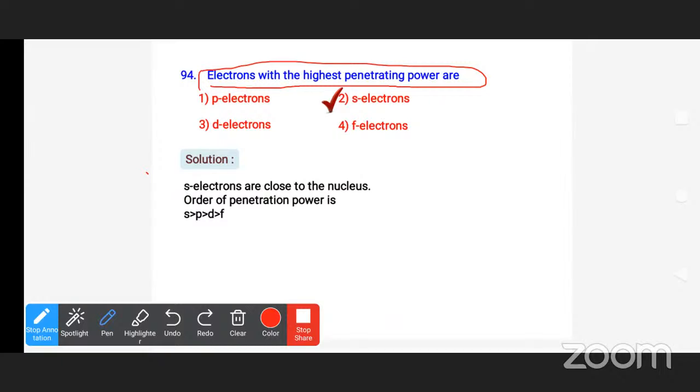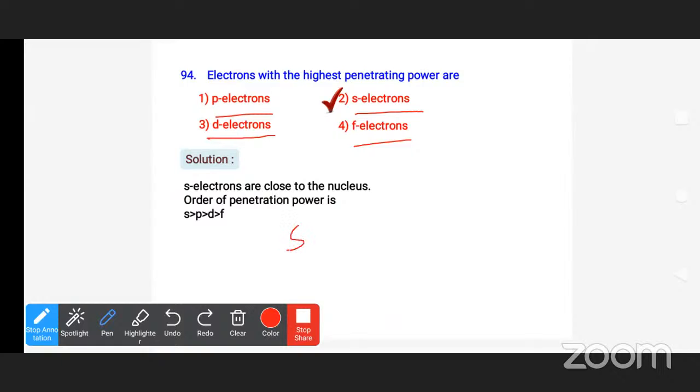On the other hand, due to dumbbell shape p orbital, double dumbbell d orbital. Here penetrating power of an orbital depends upon the shape of the orbital. So s electron, p electron, d electron, and f electron. Hence ionization enthalpy follows this sequence.